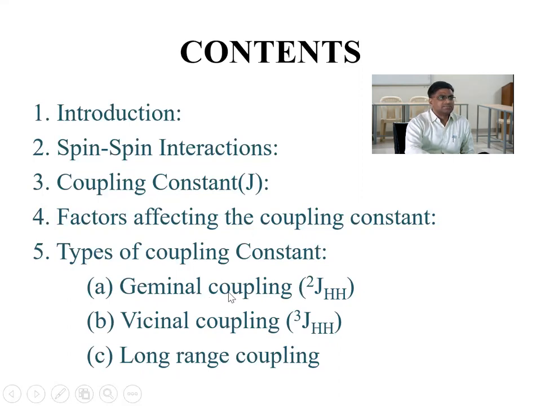Is it clear? The second type of the coupling constant is vicinal coupling or vicinal coupling constant. It is denoted by 3JHH, where 3 represents the number of bonds through which the spin-spin interaction is taking place between two protons.